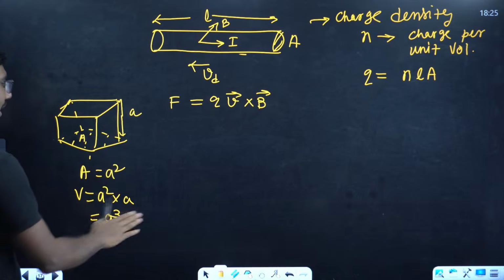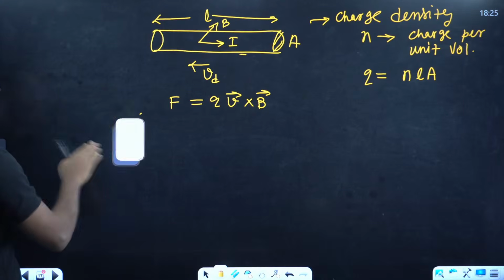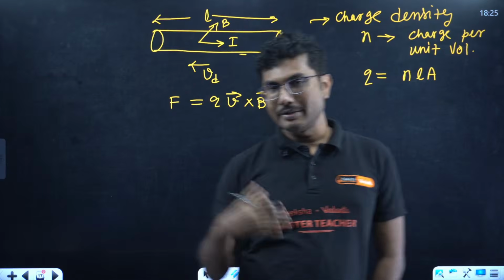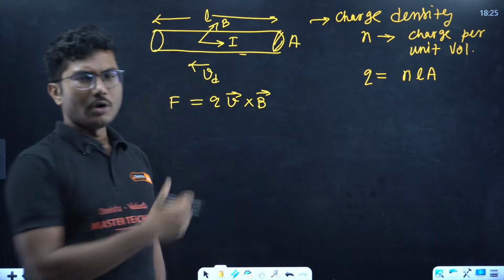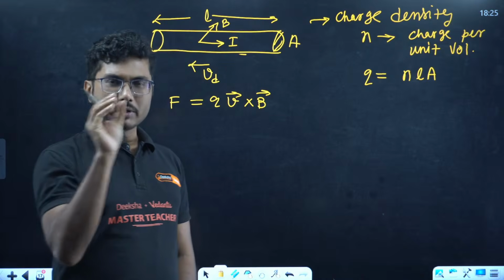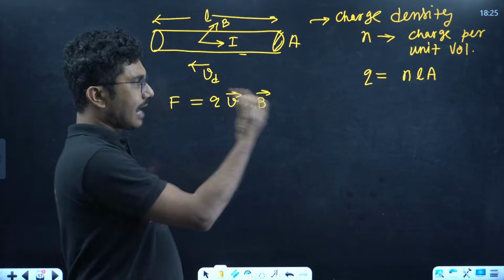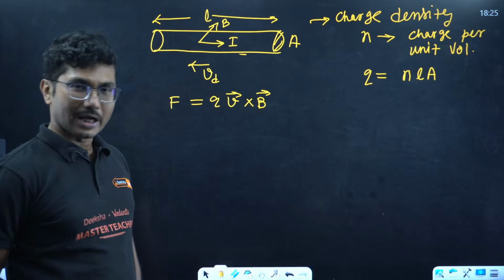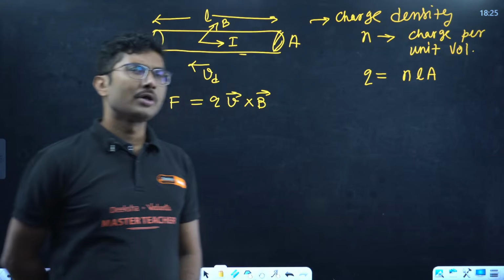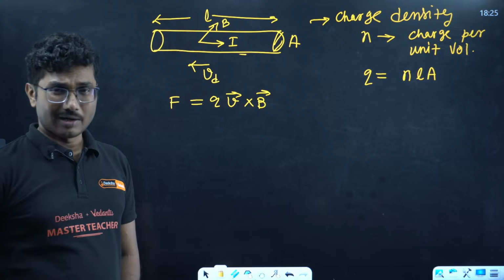So this formula, area into length, is applicable as long as the shape is regular. If it is an irregular shape, then it will not be applicable; you need to modify it based on the shape. But yes, for a small regular shaped object, this can be applicable. So length into area gives you the volume. Here we have assumed a simple cylindrical column, so definitely it will have a volume L into A.